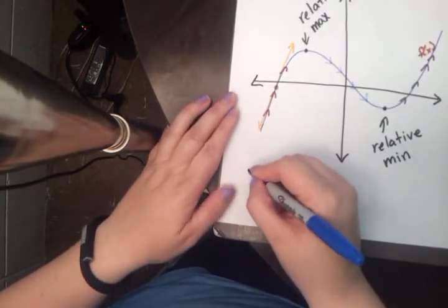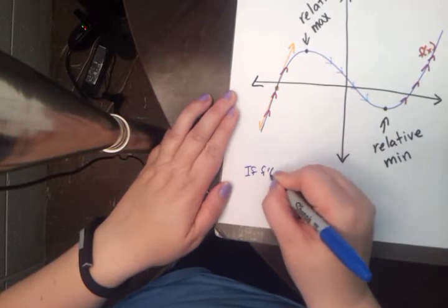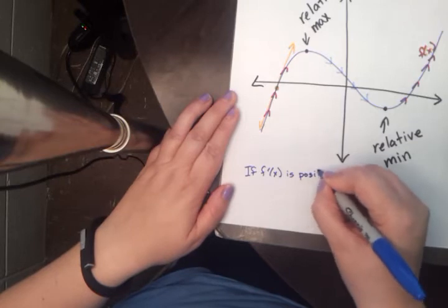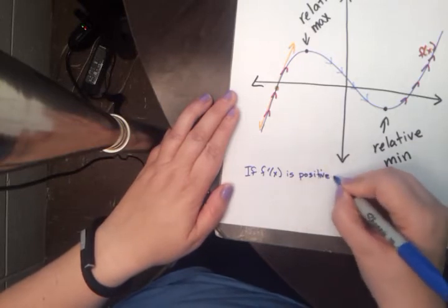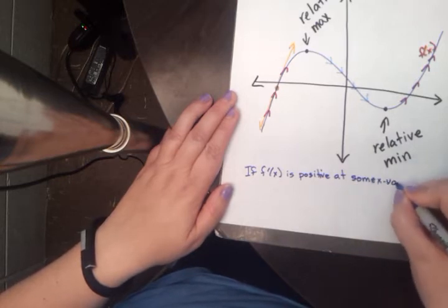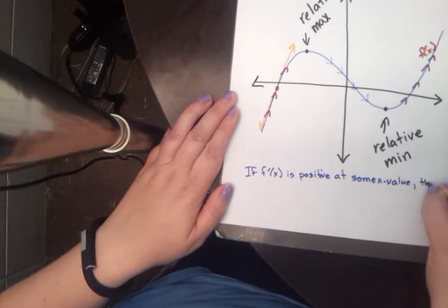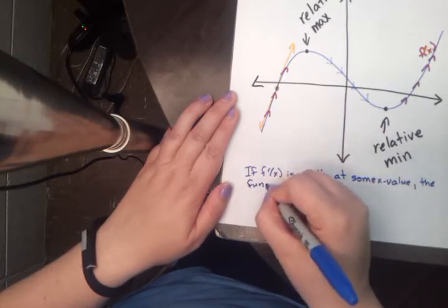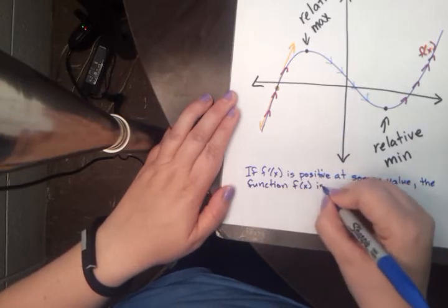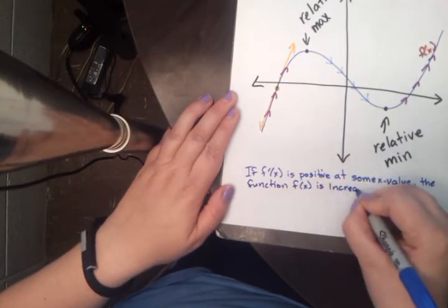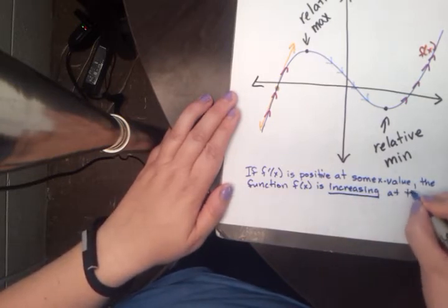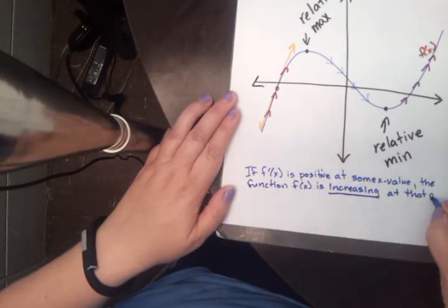If f prime of x is positive at some x value, the function f of x, that original function, is increasing at that point, okay?